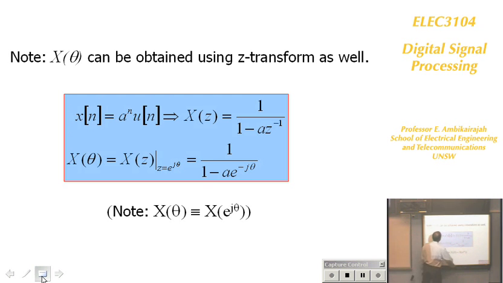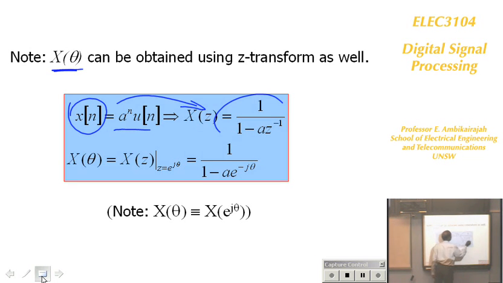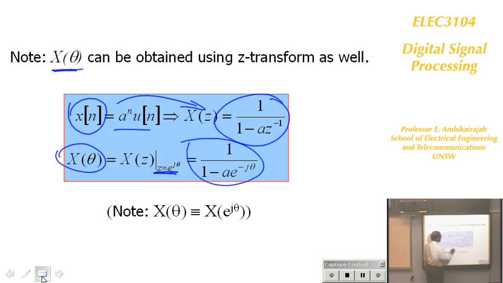Now, you can see that there is another way of calculating X theta as well, which you have already done before. The other way is, without using the formula, you start with xn, which is given, then you find the z transform. Once you know the z transform, you substitute X theta equal to X of z and z equal to e to the j theta, and you get it. That's the second way of doing it.